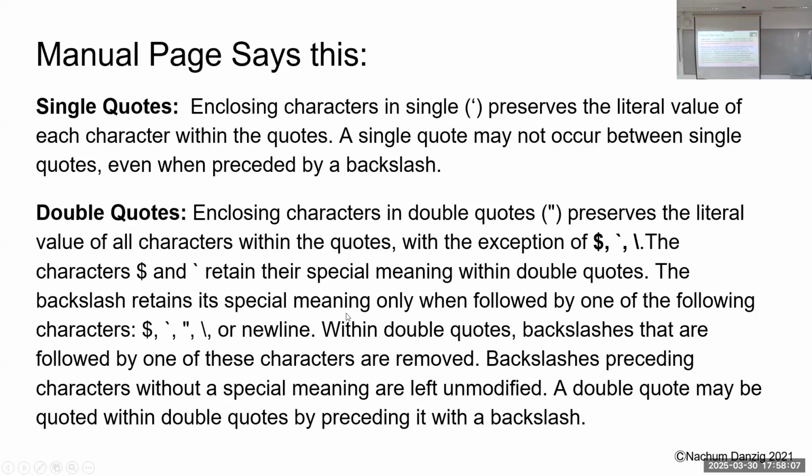The backslash retains its special meaning only when followed by one of the following characters. So if you do backslash A, it's just going to treat it as a backslash. But if you do backslash dollar, double quote, or backslash, then it'll treat it as a special thing. Backslashes followed by one of these characters are removed. Backslashes preceding characters without a special meaning are left unmodified.